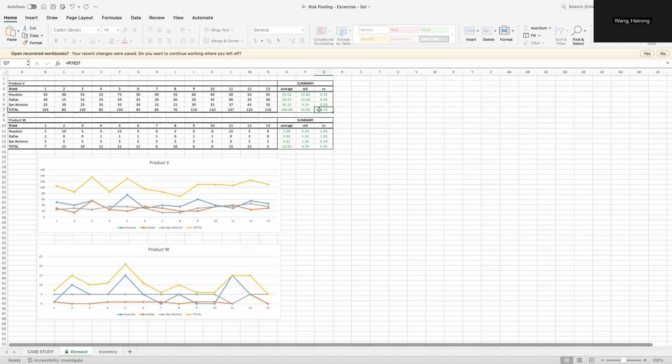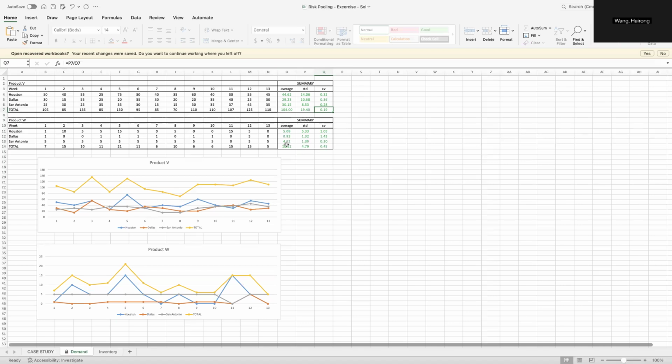And then the CV can be calculated by using the standard deviation of demand for the total row divided by the average demand for the total row. And this is how to calculate the summary for product V.